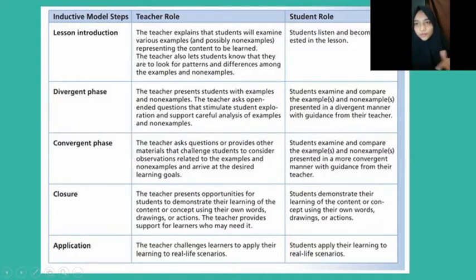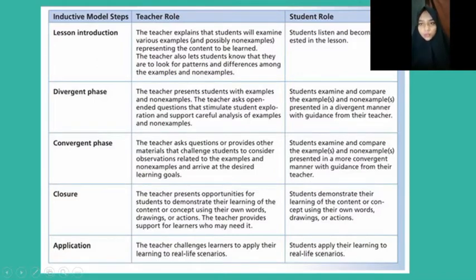And in the divergent phase, the teacher presents students with examples and non-examples, asks open-ended questions that stimulate student exploration and support, and then the students examine and compare the examples and non-examples in a divergent manner. And in the convergent phase, the teacher asks questions or provides other materials that challenge students, and then the students examine and compare the examples and non-examples.